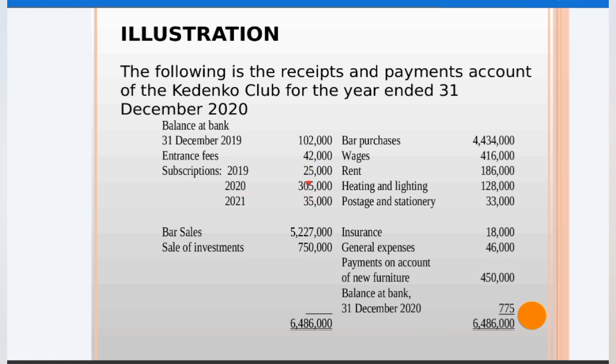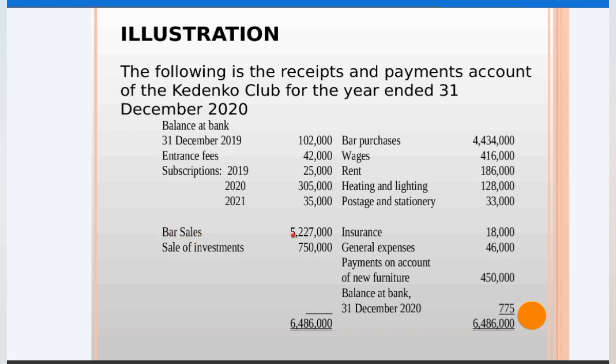The 25,000, 305,000, and 35,000 were all received in 2020. But we are saying the 25,000 is meant for 2019, and the 35,000 is meant for the next year, 2021. Then monies received from the sales from the bar.